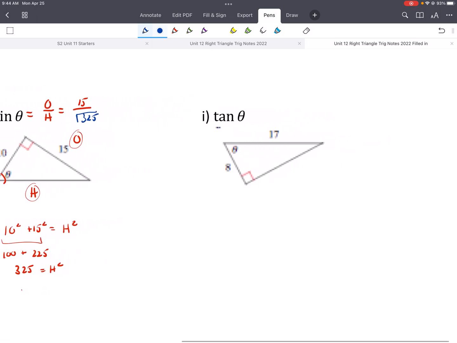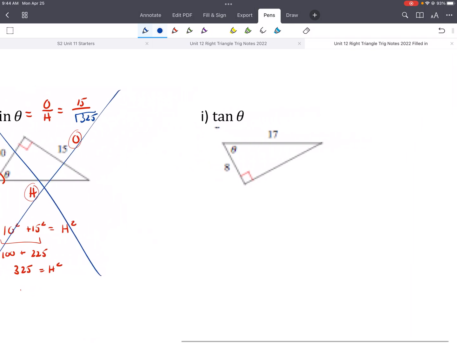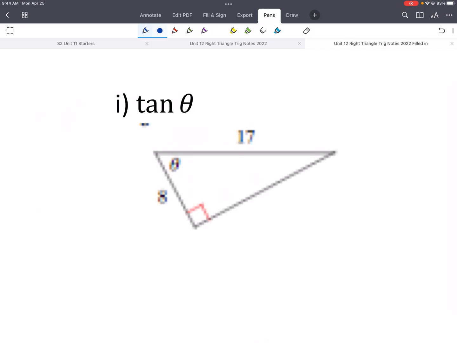So let's look at I. I is a better example. This one, H, I won't have you do a problem like that. Okay, so let's look at I. This one's a better one. So we have our reference angle, we have our hypotenuse, we have our opposite and our adjacent. Tangent is TOA, so O over A. But we're missing O. So here we'll use the Pythagorean theorem.